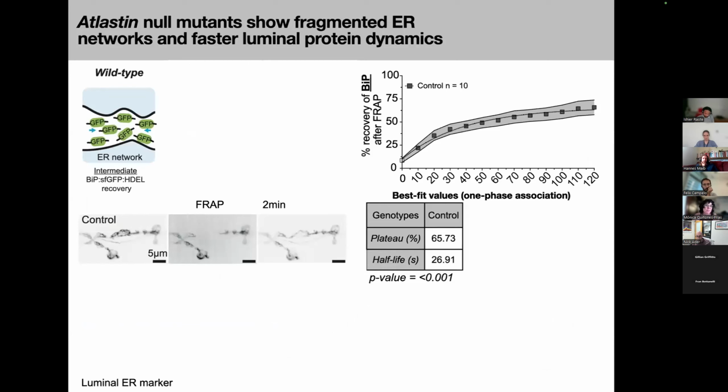And I wanted to measure two specific parameters by fitting the recovery of the FRAPped region to a nonlinear equation that would allow me to measure the mobile fraction of these luminal ER marker proteins diffusing back into the FRAP region, which would be the plateau. And also looking at the half-life, because that will tell us how fast these proteins are reappearing within the FRAP region.